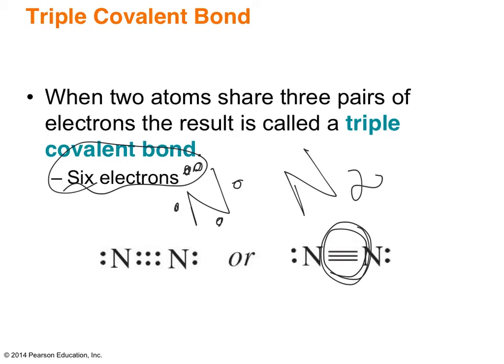And so you can see by looking at it that nitrogen would like 3 more electrons in order to end up with a total of 8. So it gets those 3 extra electrons by covalently bonding with another nitrogen atom and making a triple bond. And in that case, both nitrogens end up with 8 valence electrons.